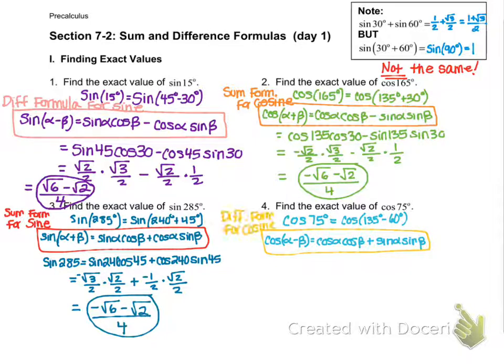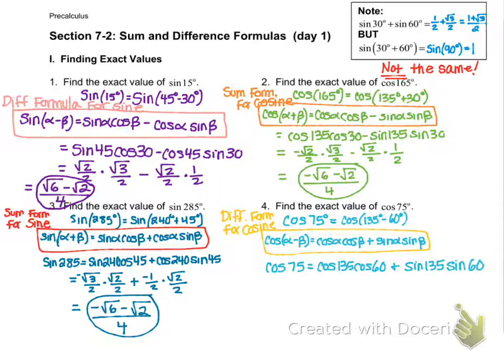Okay, so this means we are going to have cosine of 75 is equal to cosine of 135 times cosine of 60 plus sine of 135 times sine of 60.